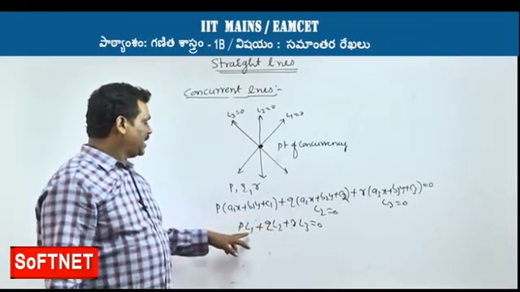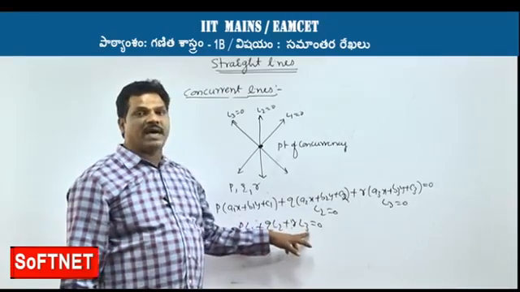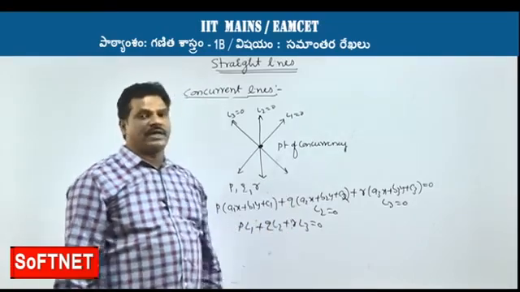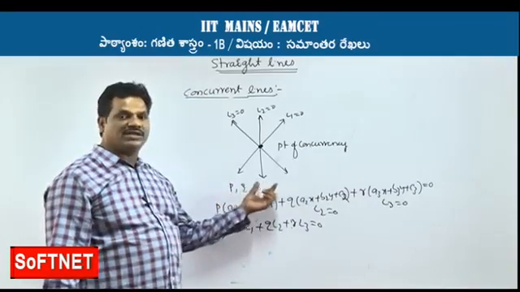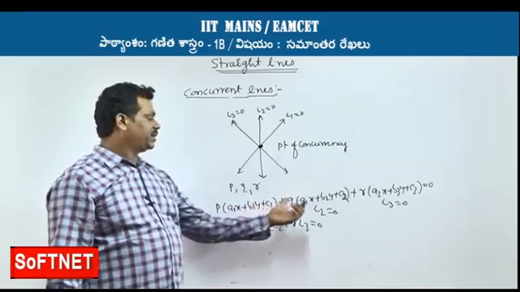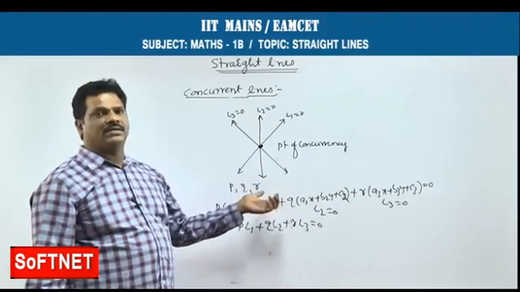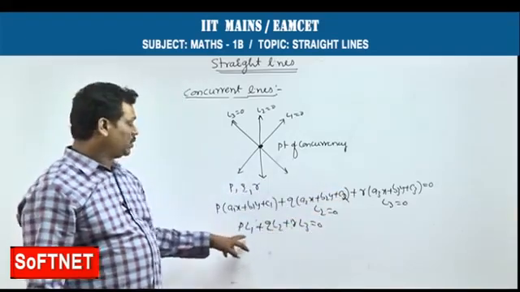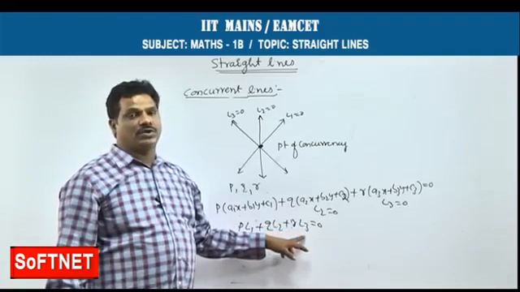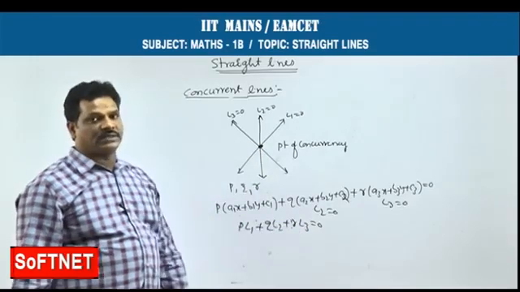If there exist three constants p, q, r, not all 0, such that pL1 plus qL2 plus rL3 equals 0 for all x, then the three lines, no two of them parallel, are concurrent.